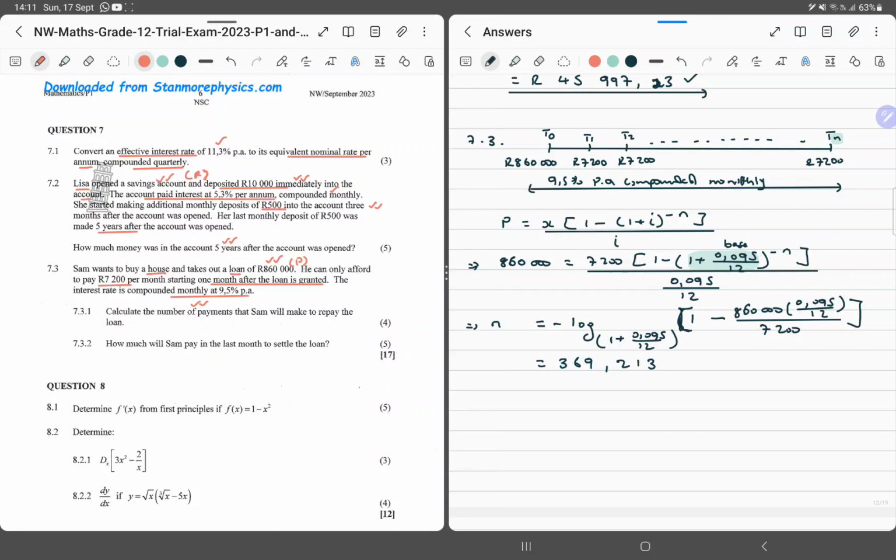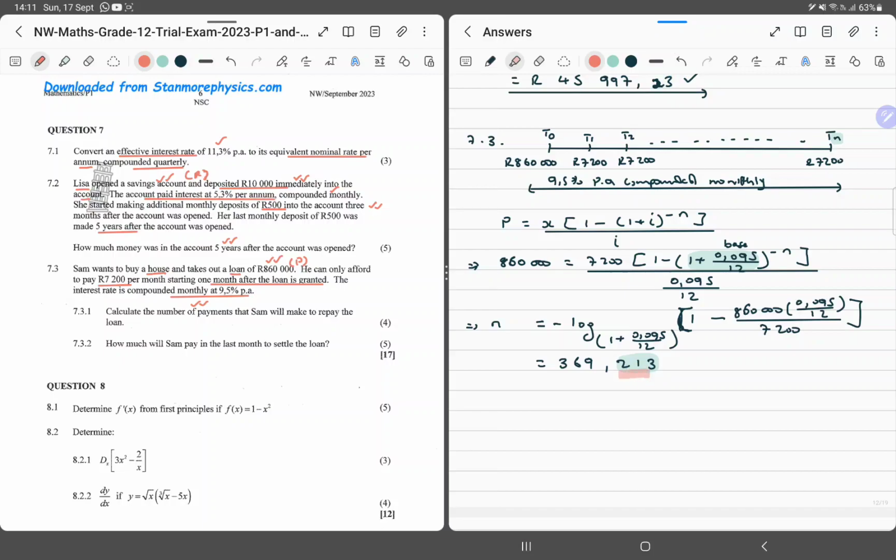Technically, I don't know what we do here, but if we're paying this 369, this little decimal here is suggesting that there will still be another payment. Obviously, it's going to be smaller, okay?